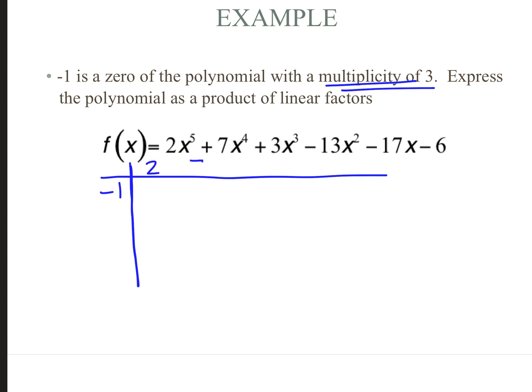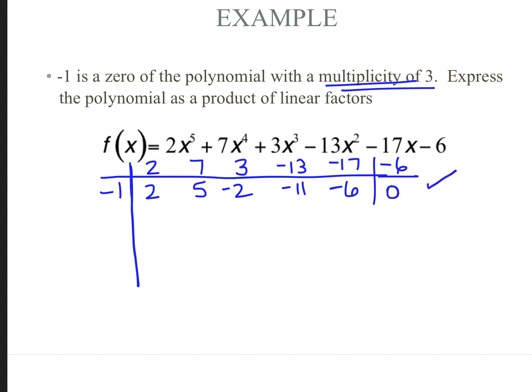So here's the 2, the 7, the 3, the negative 13, negative 17, and negative 6. You bring the first number down, multiply and add, multiply and add, multiply and add, multiply and add, and you get 0.